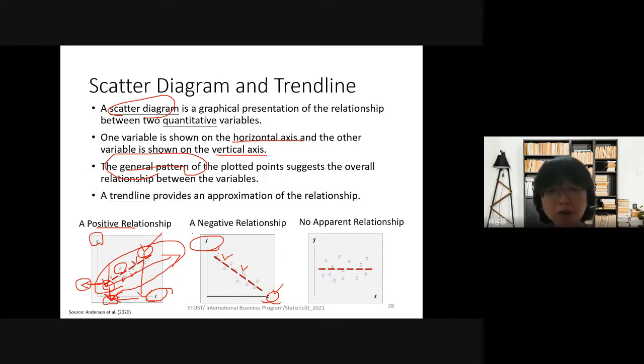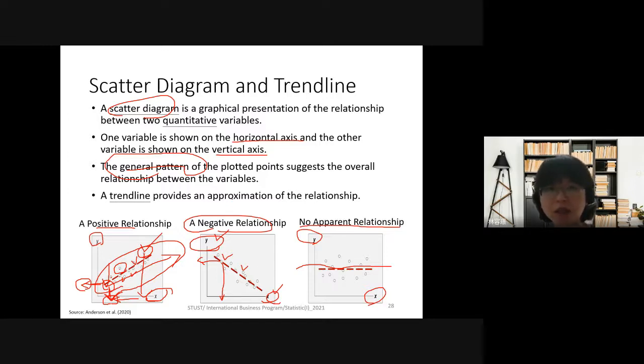If the two variables do not change in the same direction, for example, the x variable is less but the variable y is higher, we will say the two variables have a negative relationship. But there is another example, that is no apparent relationship, where no matter how much x changes, the variable y is always the same.